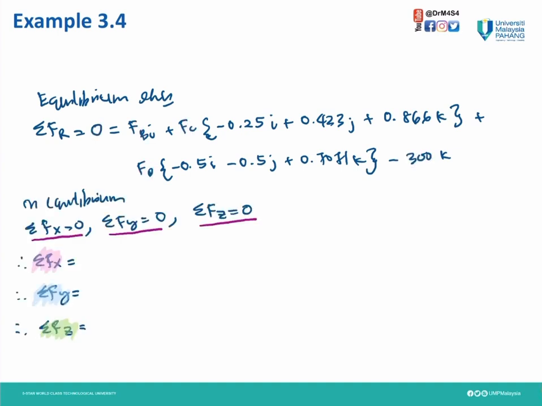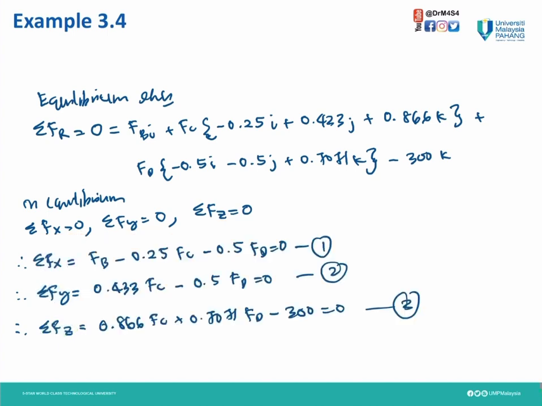That means summation of Fx equal to 0, summation of Fy equal to 0, and summation of Fz equal to 0. Next, we need to find the summation of Fx, Fy, and Fz. For Fx, FB is on x, this value is on x, also this value on x.